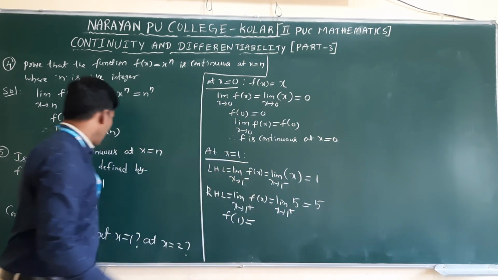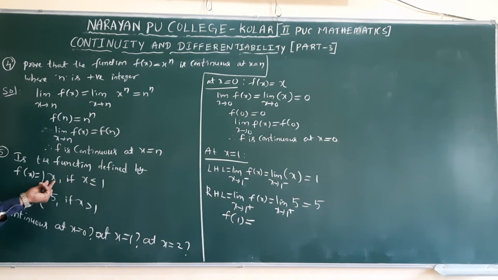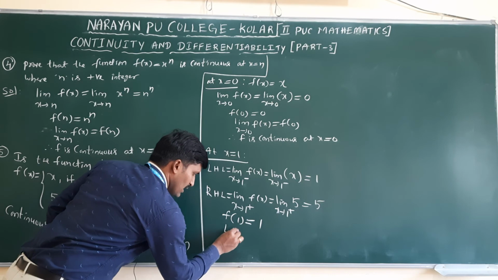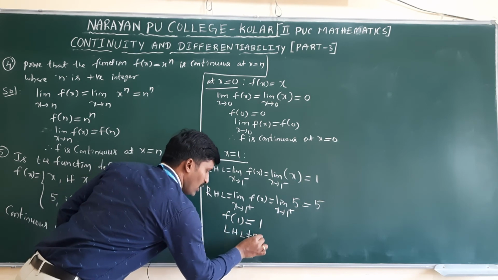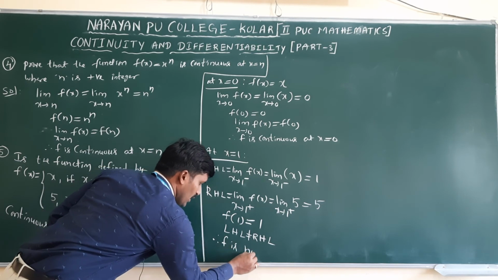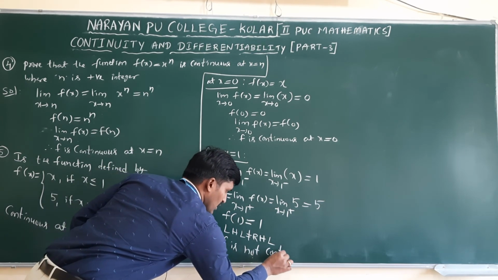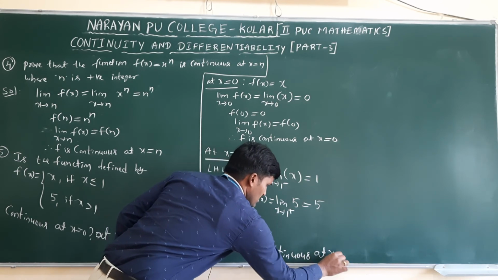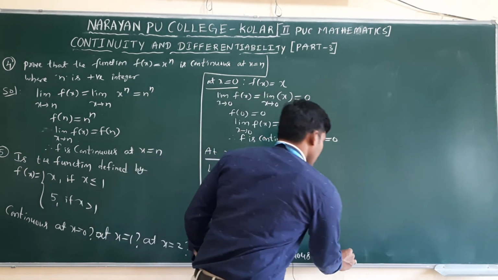Next, f of 1. At x equal to 1, what is the function? x. What is x value? 1. But here LHL is not equal to RHL. Therefore, f is not continuous or discontinuous. Not continuous at x is equal to 1.